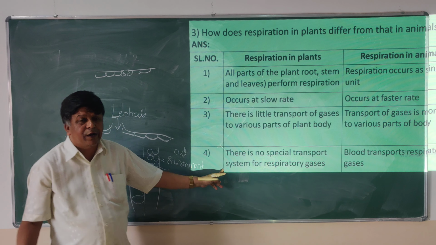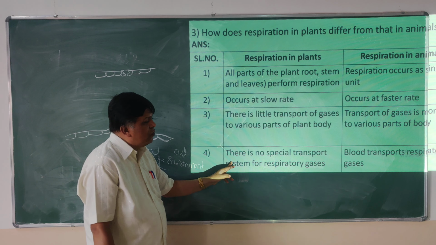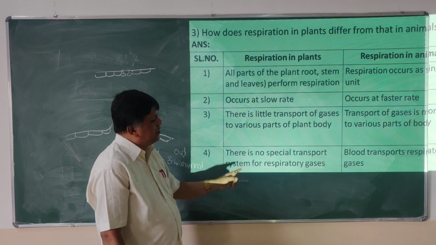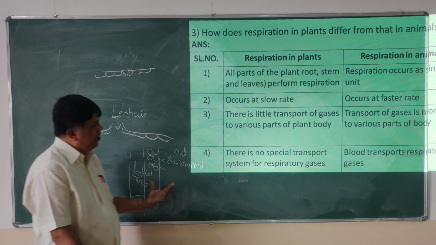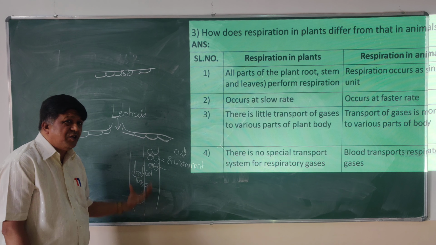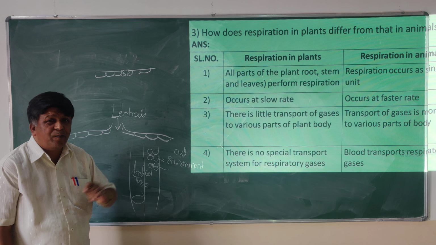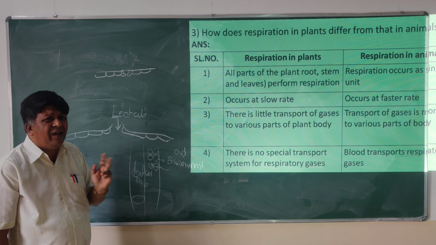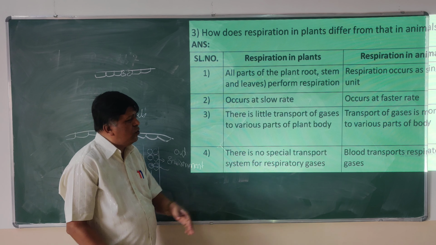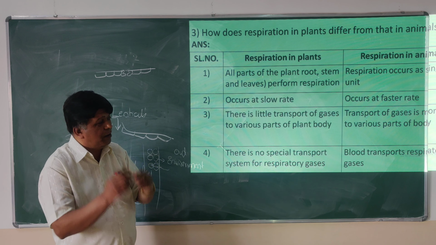So their requirement of respiratory gases will be more. The fourth important difference is that there is no special transport system for respiratory gases in plants. I told you why: the distances over which respiratory gases have to be circulated within the plant body are very short. So they don't have any special system.